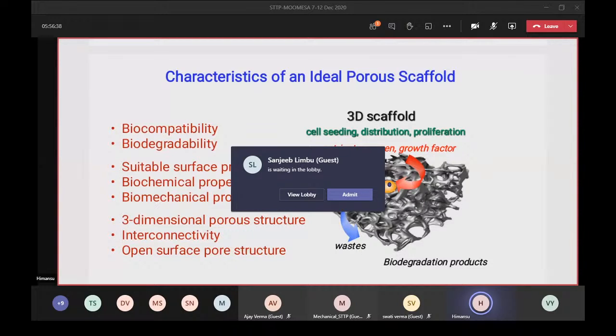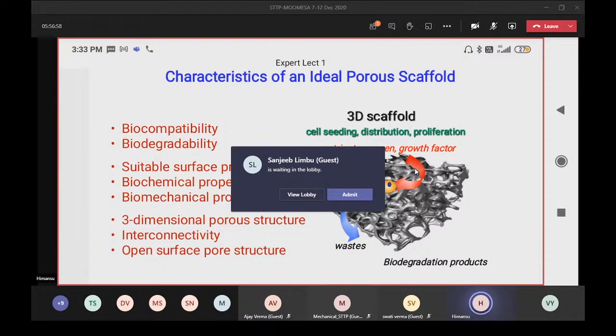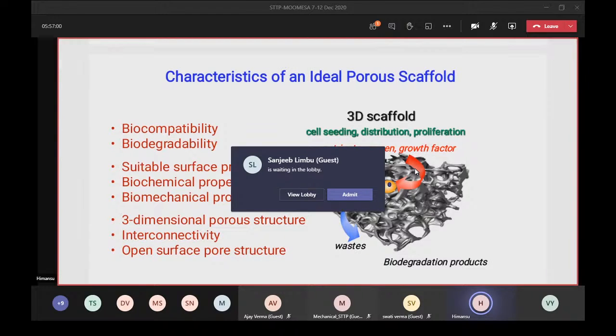We call it a metallic biomaterial. It is biocompatible because it can exist inside the body without any immunological reaction. But you have to remove it, right? If you cannot remove it, you need revision surgery. Here the scaffolds need no revision surgery, because they will degrade automatically, and the degradation products will mix directly with the body's own biochemical reactions.